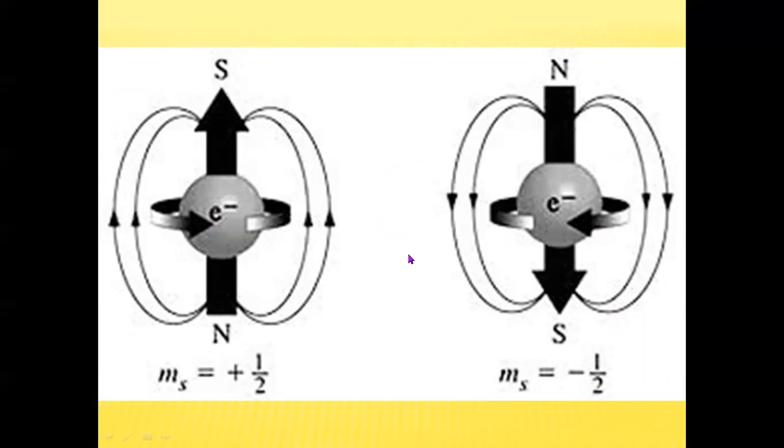Therefore, the total or resultant magnetic moment of paired electrons will be zero. Or in other words, the magnetic moment produced by two electrons belonging to the same orbital will be zero. Resultant magnetic moment will be zero for them.